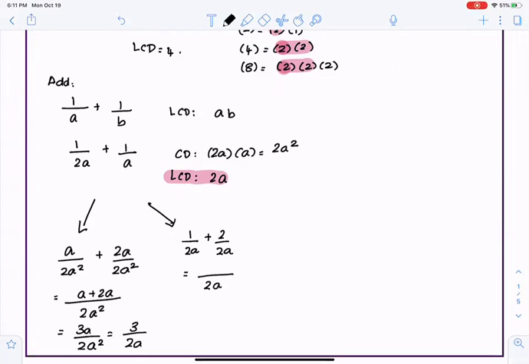So I simply add the numerators 1 plus 2, which is 3. And you can see I get the exact same answer, but clearly, if you use the common denominator, it is going to result in extra steps and unnecessary simplification. But if you pick the correct least common denominator, then the problem is pretty straightforward.